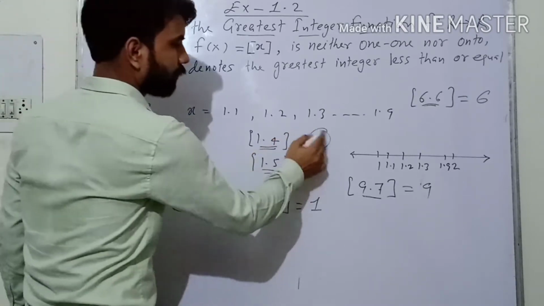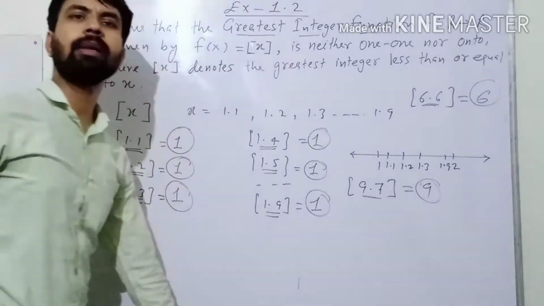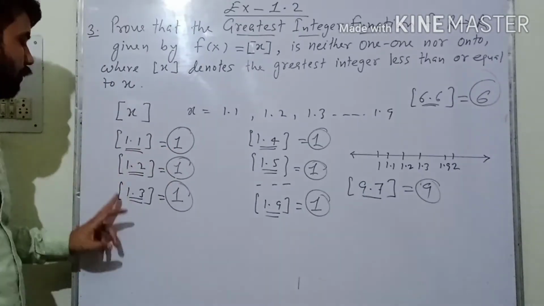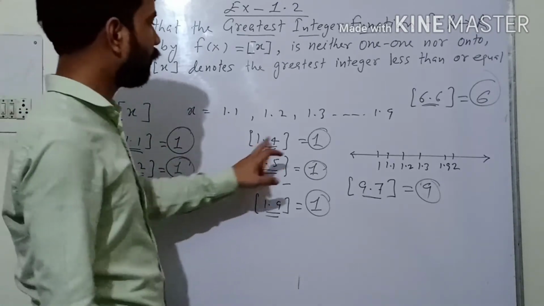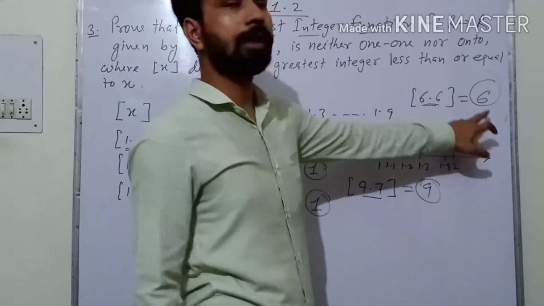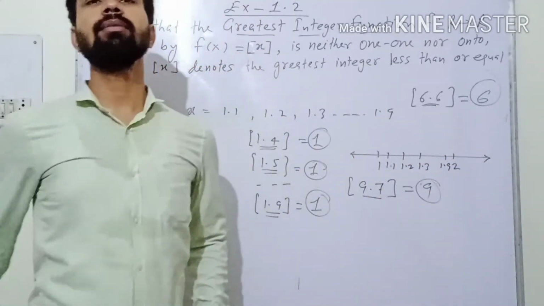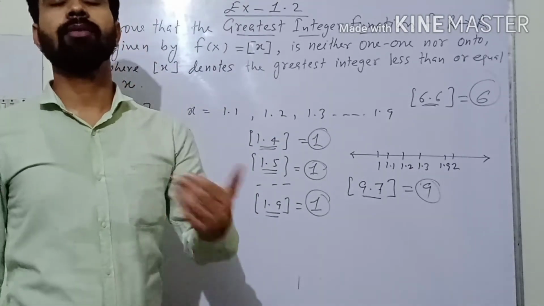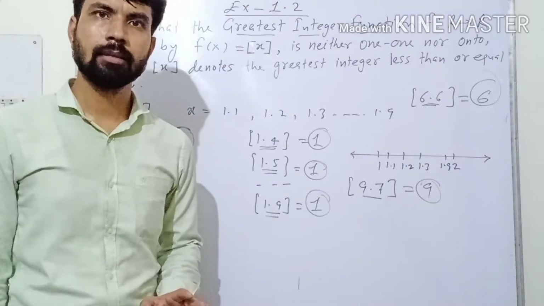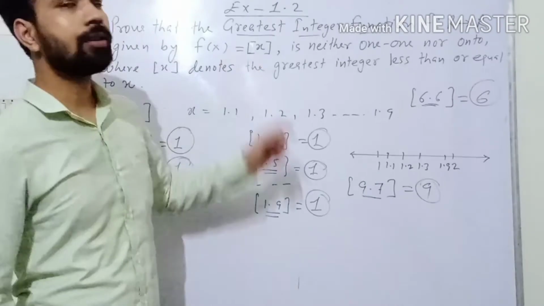We are not getting the value in decimal; we are getting an integer. The value of 1.1 is 1, of 1.2 is 1, of 1.3 is 1, of 1.4 is 1, of 1.5 is 1, of 1.9 is 1, of 9.7 is 9, of 6.6 is 6. So whenever we solve the greatest integer function, its value will always be an integer. Clear? Any confusion in greatest integer function? Okay, now we will start this sum.